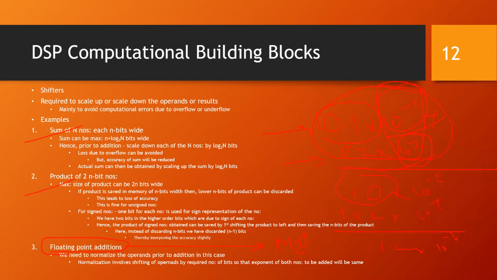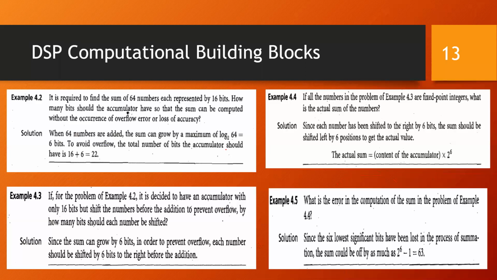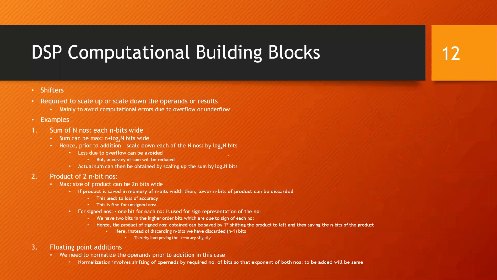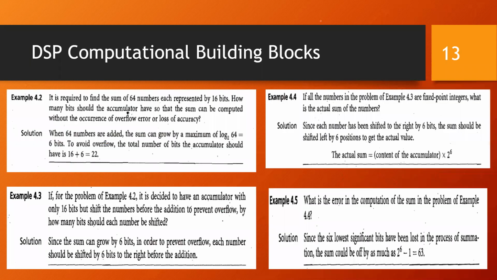That is what shifters can be utilized for when we are doing floating point additions. These are just a few examples. In the next session, we'll be discussing these examples. So let us wind up here for this session.